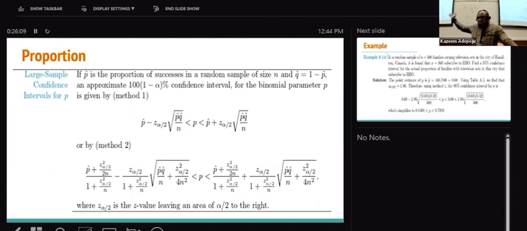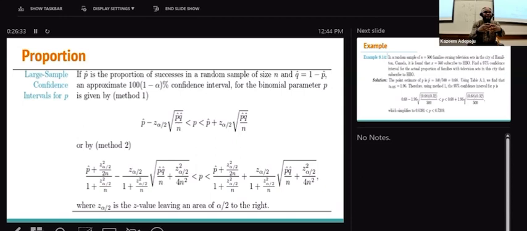Now, talking about proportion, maybe I'm interested in how many senators approve of Biden's proposal on student loan forgiveness, because I want to believe it's not all senators in the United States that support that. That's a proportion.